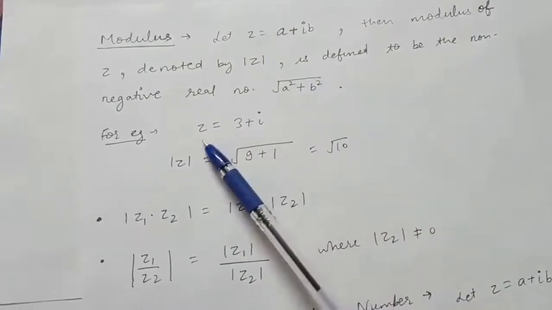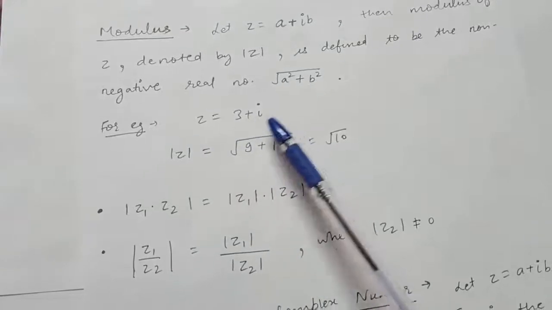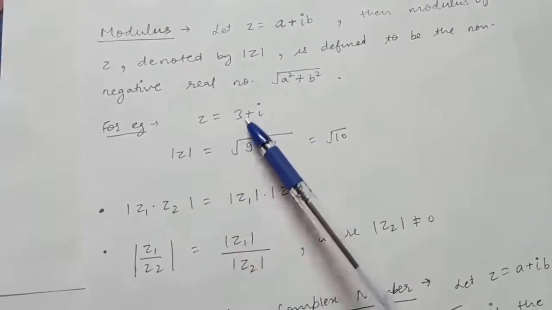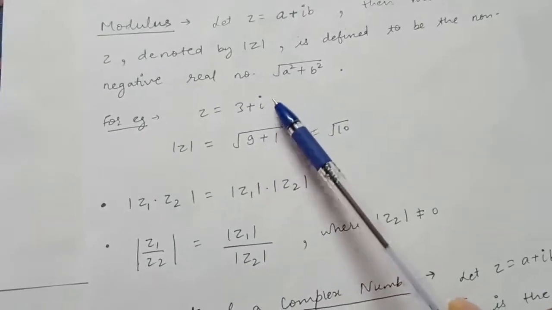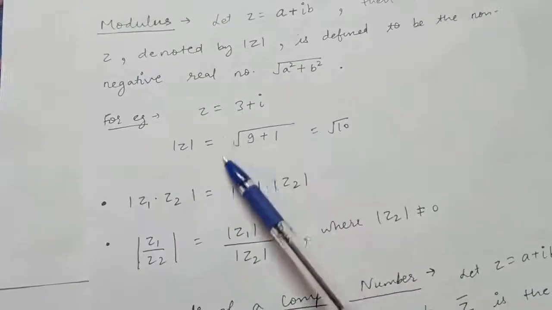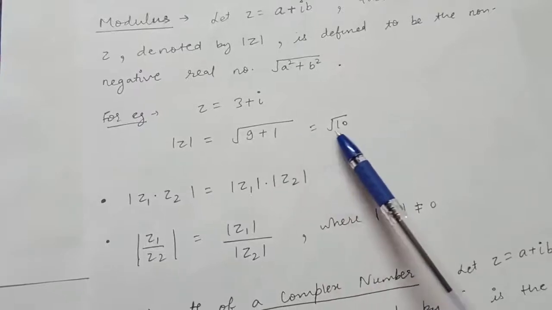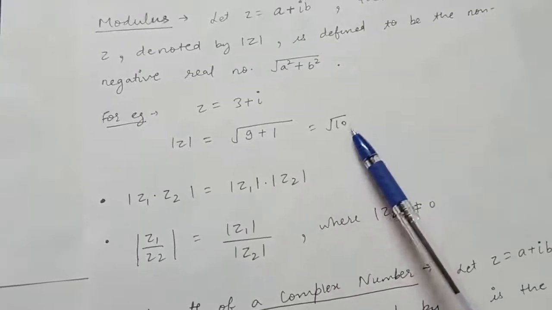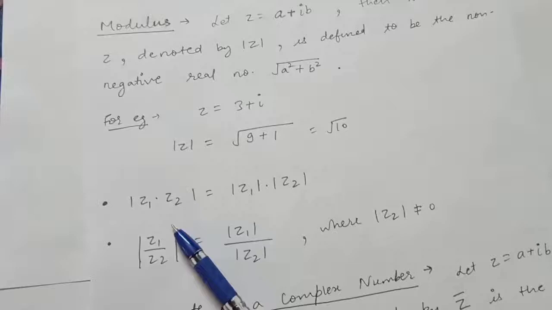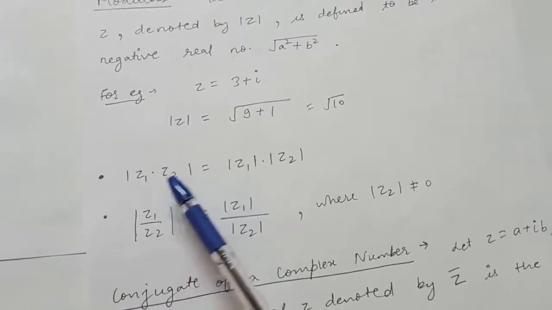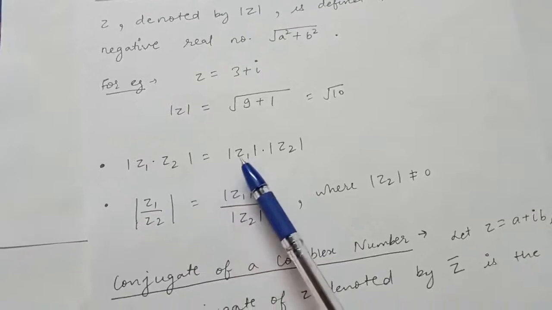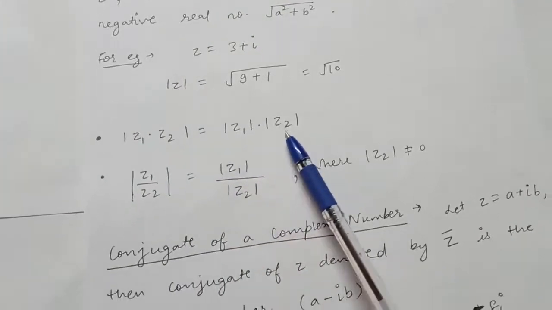For example, if z is this complex number, then modulus of z is a square which is 3 square which is 9 plus b square which is 1, in the root. So this will be root 10, right? Now there are some properties of modulus, that modulus of z1 into z2 is equal to modulus of z1 into modulus of z2.